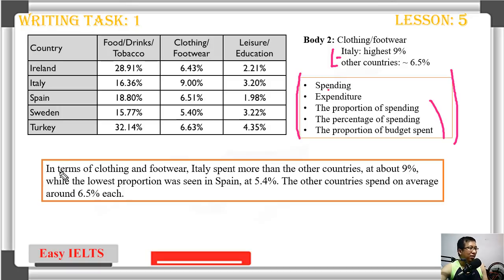Okay, in terms of clothing and footwear, Italy spent more than other countries, about 9%. You can see it's 9% here, while the lowest proportion was seen in Sweden. I'm sorry about this. The other countries spent on average around 6.5% each. So this is our body 2.